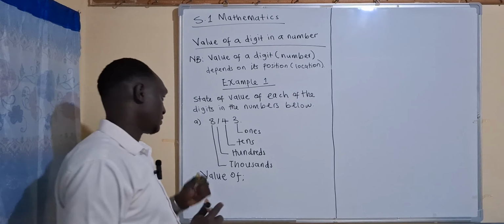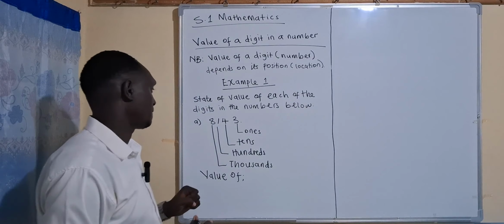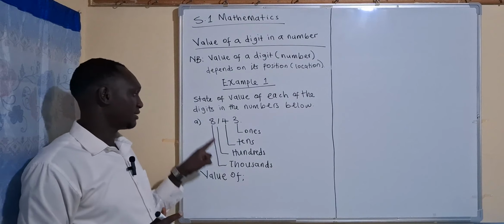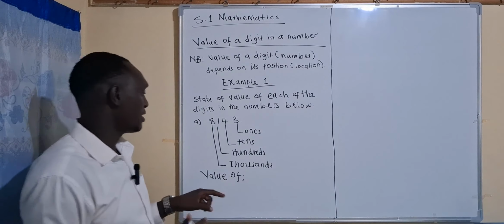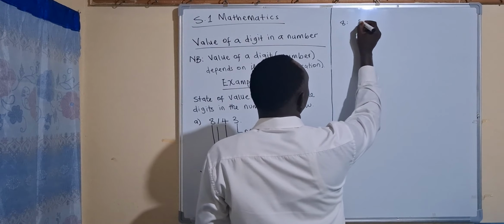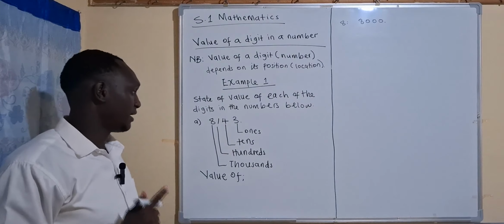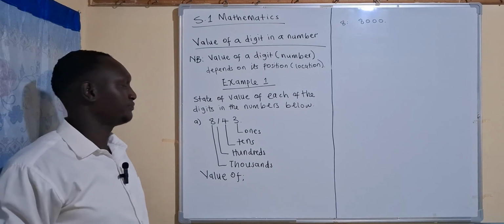So I'm going to start from 8. We have said that there are 8 thousands. So the value of 8 is what? 8,000. The value of 8 is 8,000 because it is in the position of thousands.